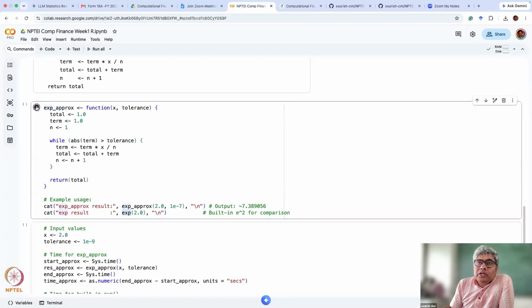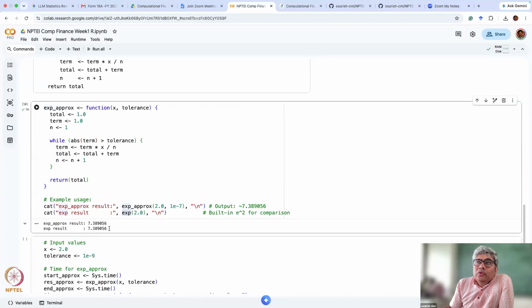Okay, so let us do that. You can see that our function gives 7.39056, and the built-in function also gives exactly the same value.